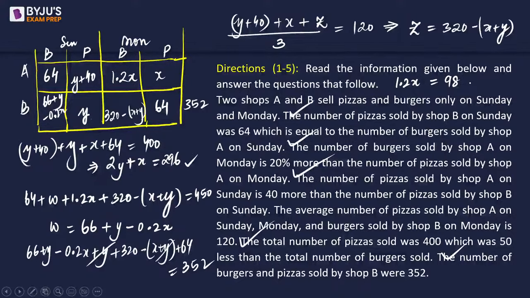So 66, 684, 16. Minus 1.2x. So 320 plus 32, that will be 34, and that is going to end in 98.